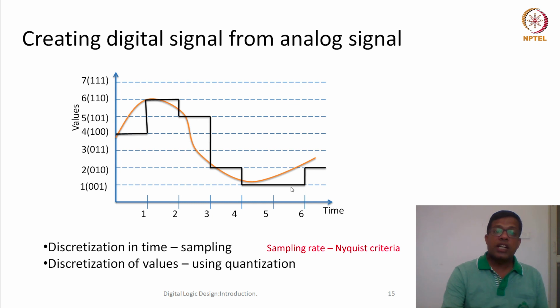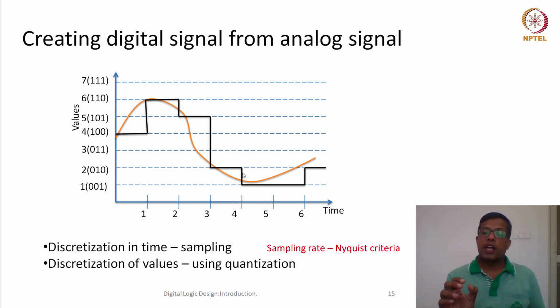Similarly, discretization of value can also give a lot of errors. If we can increase the number of levels, here the number of levels is only 7, from 7 to let's say 100 or 1000, then we would be able to capture each and every effect.